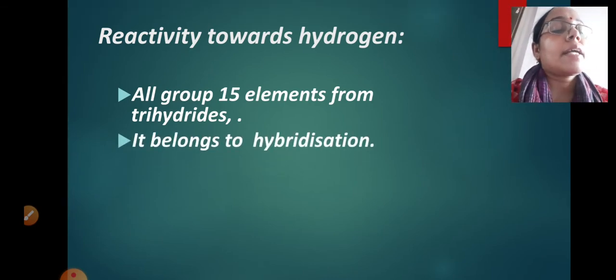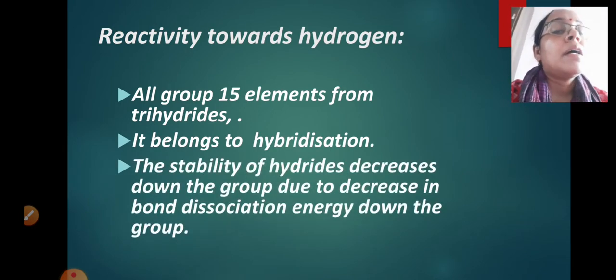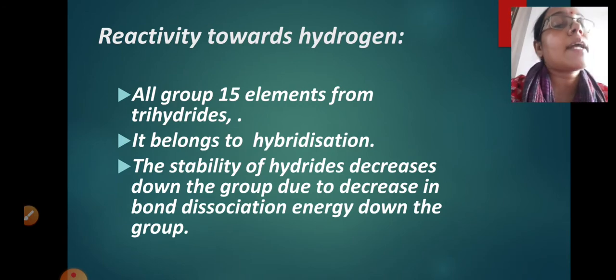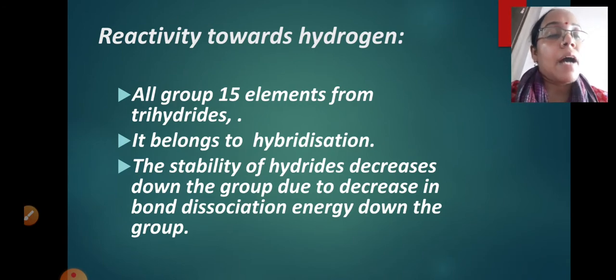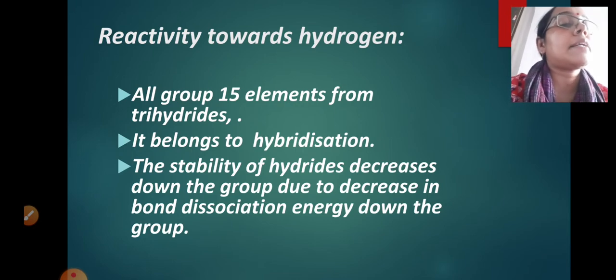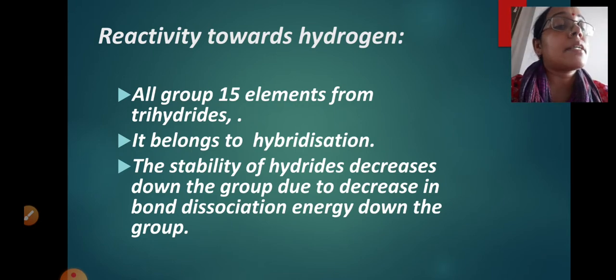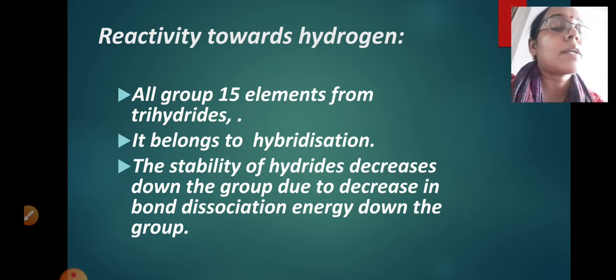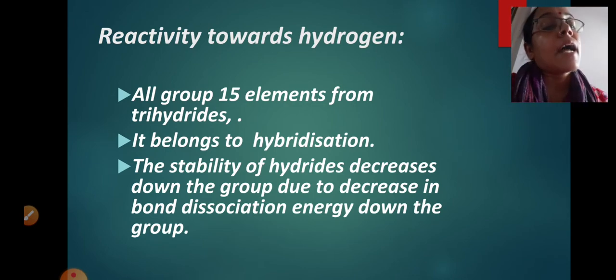Now see, the stability of hydrides decreases down the group due to decrease in bond dissociation energy. The stability of those hydrides which are formed by group 15 elements decreases from top to bottom, from nitrogen to bismuth.